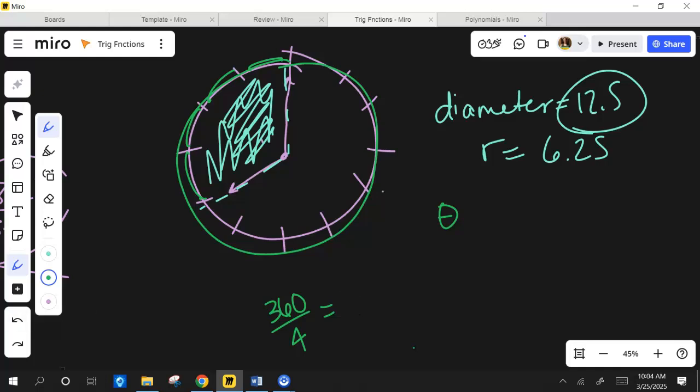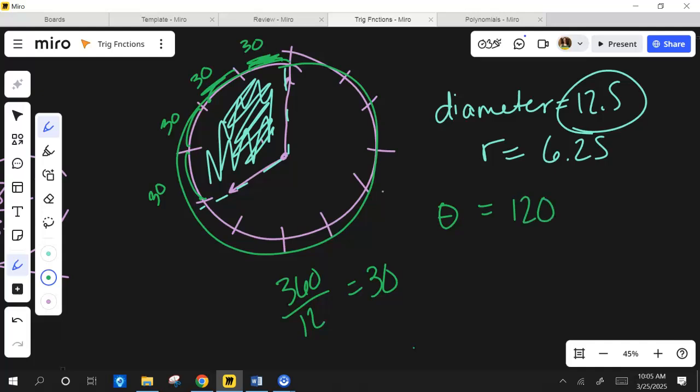No, that's not right. 360 divided by 12 would be 30, which means each little section is 30. So my theta here would be 120 degrees.